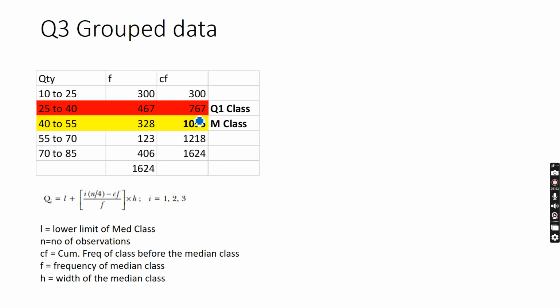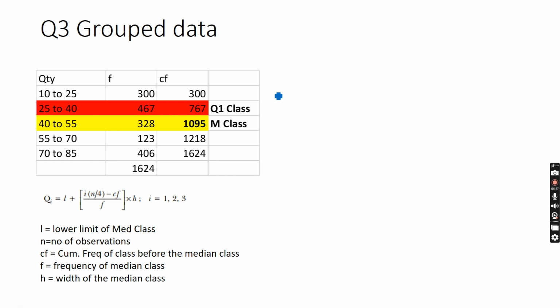My 406th position cannot certainly be in the first class because it can only accommodate 300 positions. So I look at the second class, where I can accommodate 767 observations. So obviously the 406th position would lie here. I denote this in red, calling it my Q1 class.